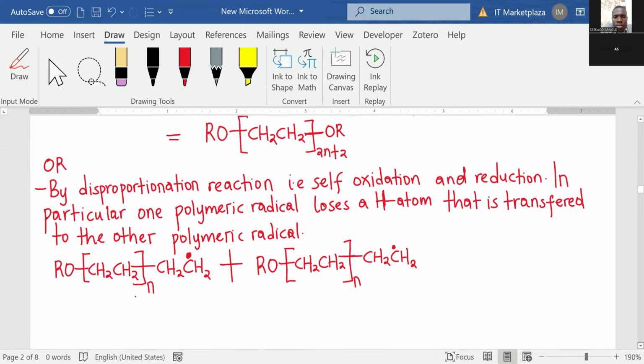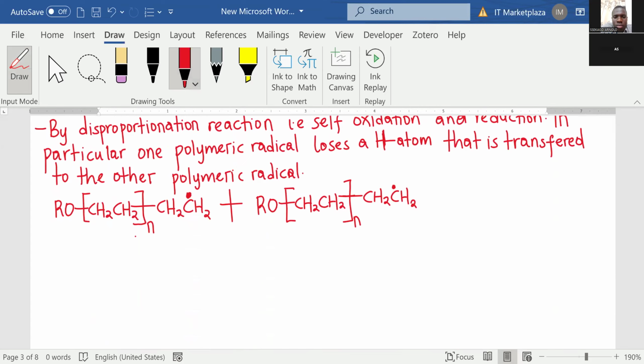Now for disproportionation, I've said that one of them loses a hydrogen and it is transferred to the other. For example, look at this one in black. For it to lose a hydrogen, particularly here I have CH, H, CH2 dots.